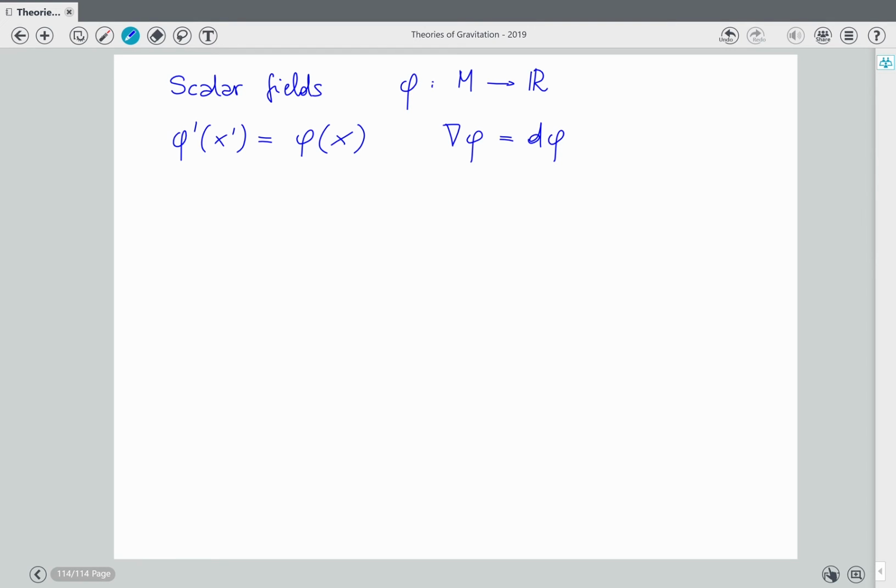And so you can write that as dx mu d mu phi, and you can write that as dx mu del mu phi. That means that the covariant derivative is the partial derivative.